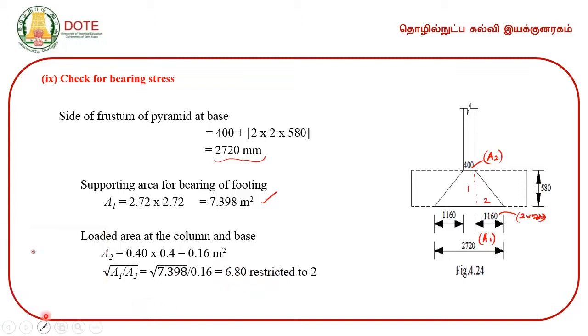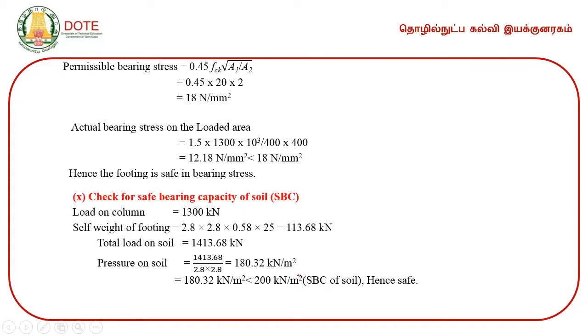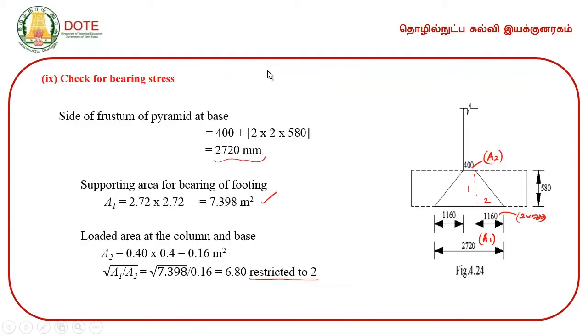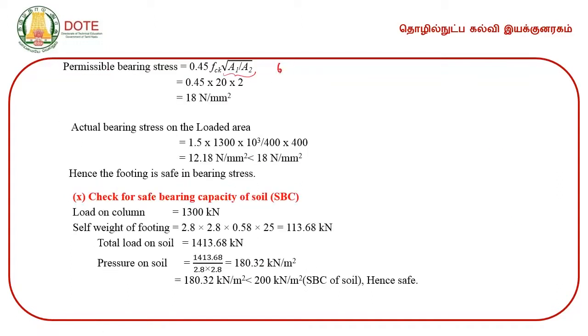Do not put the same value as 6.8; restricted to 2 means instead of 6.8 you have to substitute 2 only. So, permissible bearing stress is found to be 0.45 fck square root of A1 by A2, and though we have got the value as 6.8, it is restricted to 2, this you have to remember.